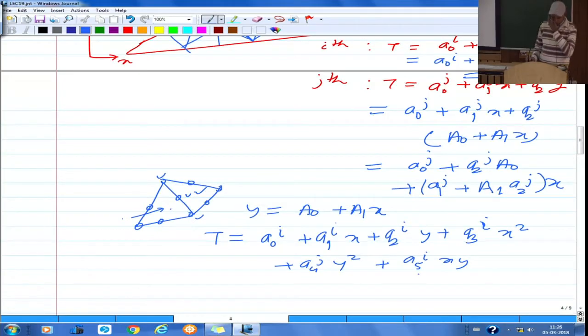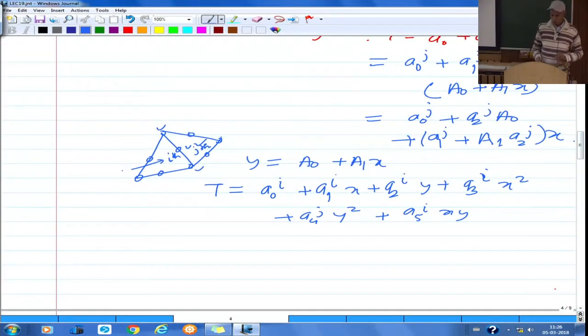This is the ith element and this is the jth element.